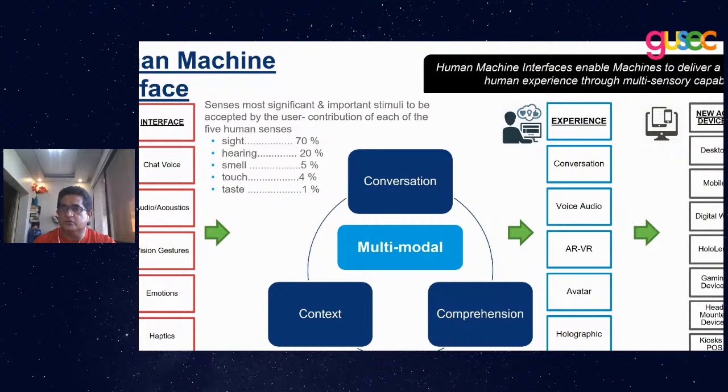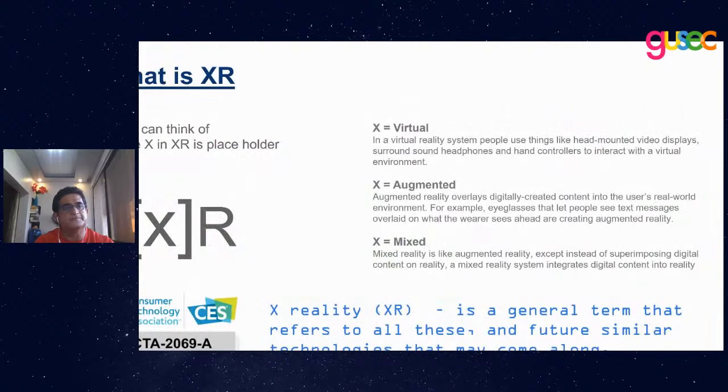And new age devices: you move from desktops to mobiles to walls to HoloLenses to gaming to head mounted to kiosks to robots, and even cave environments today, where it's augmented virtuality. So it's a fairly good landscape to think of how the whole space drives, and it's an inherent human behavior, the human sensory systems, that come into play here.